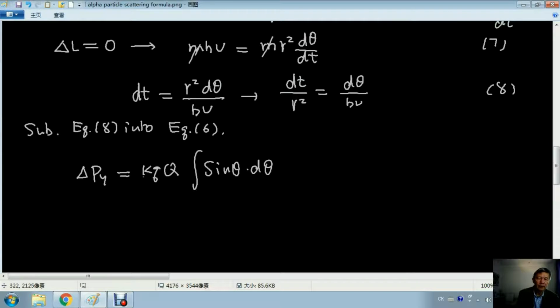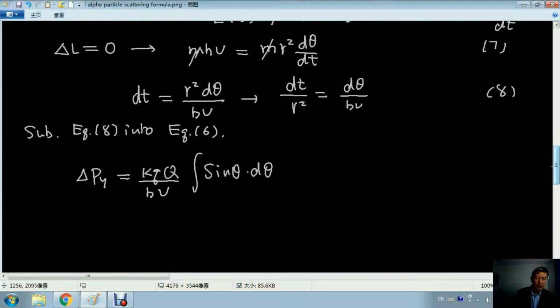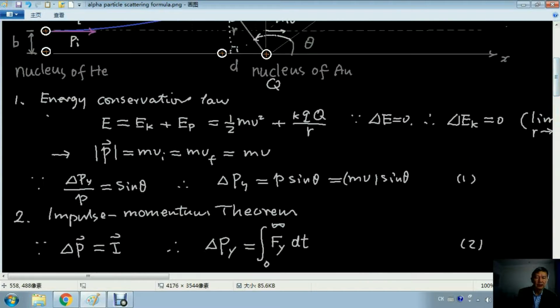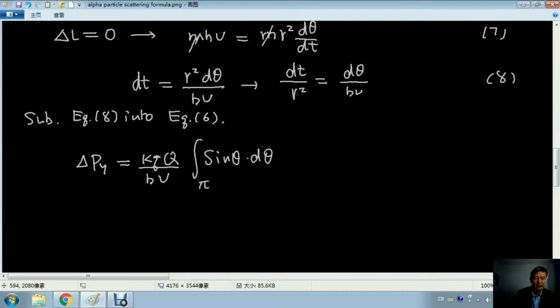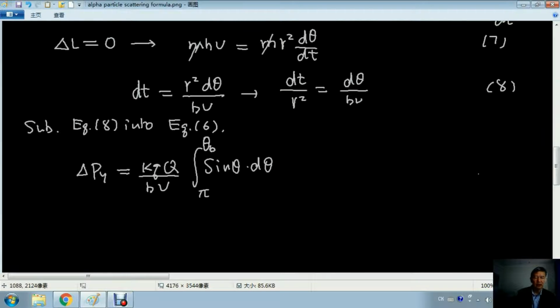We have divided it by b and v. Because we have used theta to replace time, the two limits of integration have to be adjusted. At the beginning, time 0, the angle is pi, so it is negative infinity. Eventually we reach this particular angle, that is the angle associated with b. So this will be our equation 9.